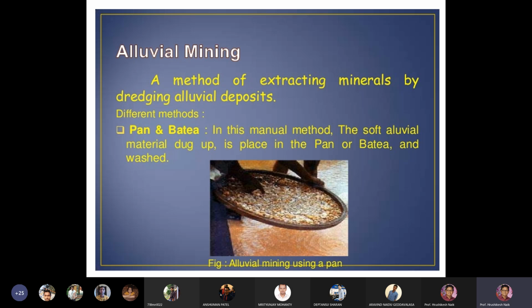You can use the pan and batia. This is a very manual method. The soft alluvial material dug up is placed in the pan or batia and washed. The mineral is washed and collected.